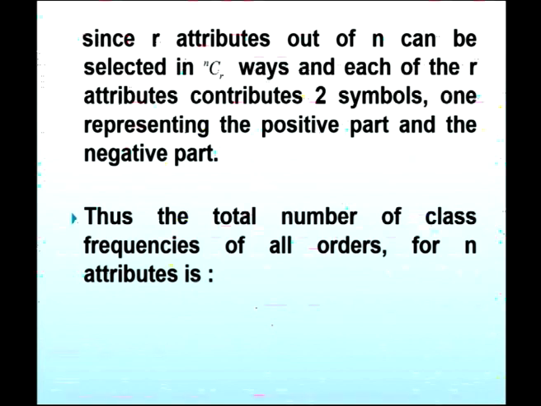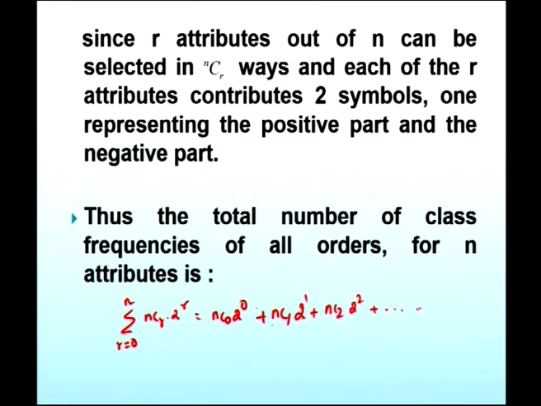Thus, for the total number of class frequencies of all orders for n attributes, we have to take the summation from R equal to 0 to n of nCR times 2 power R. This gives you the total number of class frequencies of all orders. Expanding nCR times 2 power R: nC0 times 2 power 0, plus nC1 times 2 power 1, plus nC2 times 2 squared, plus etc., last nCn times 2 power n.